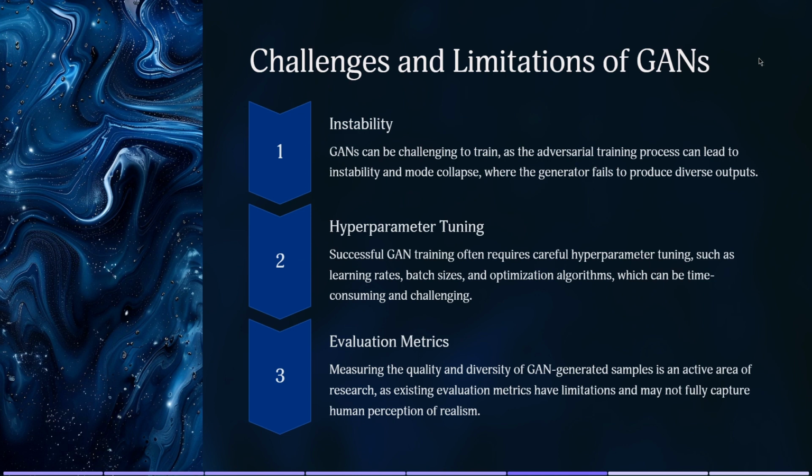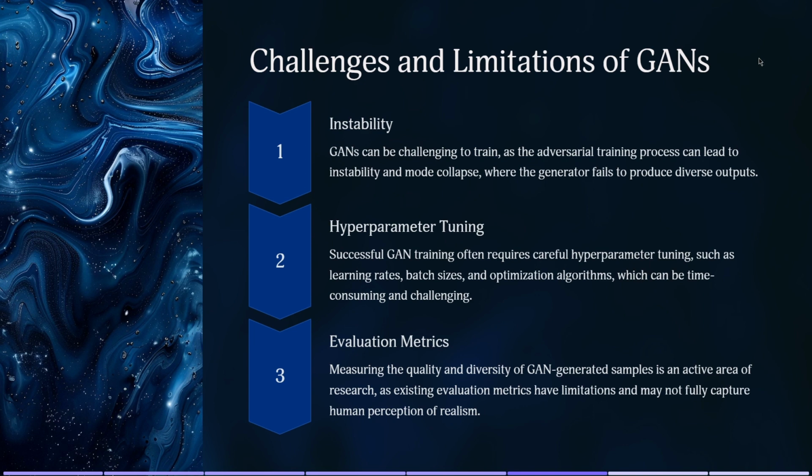Challenges and limitations of GANs. Instability. GANs can be challenging to train as the adversarial training process can lead to instability and mode collapse, where the generator fails to produce diverse output. Hyperparameter tuning. Successful GAN training often requires careful hyperparameter tuning, such as learning rates, batch sizes, and optimization algorithms, which can be time consuming and challenging.